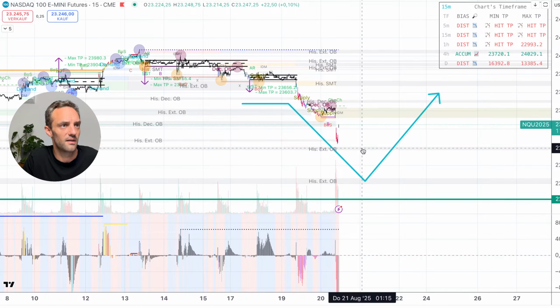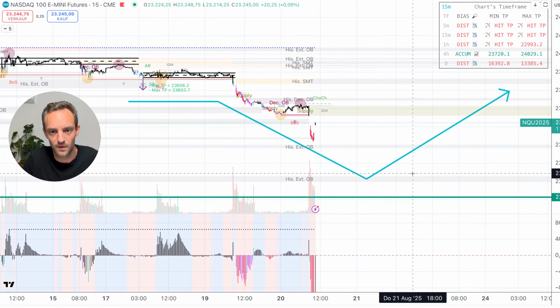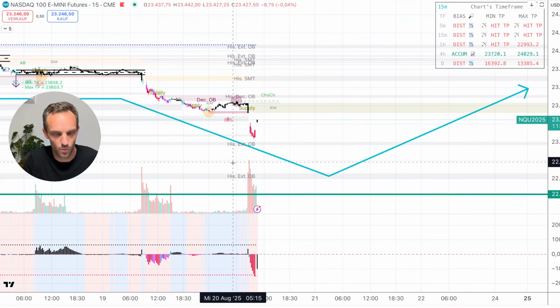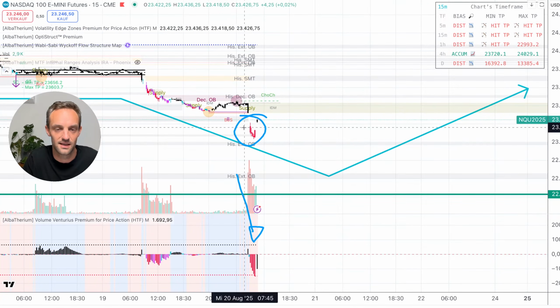What indicator maps order flow? Order flow, we display with Volume Ventures, or Volatility Zone X with the colorful candles. This is more or less it, but we put it into context, and also it's not only order flow, we put it into context with the movement.